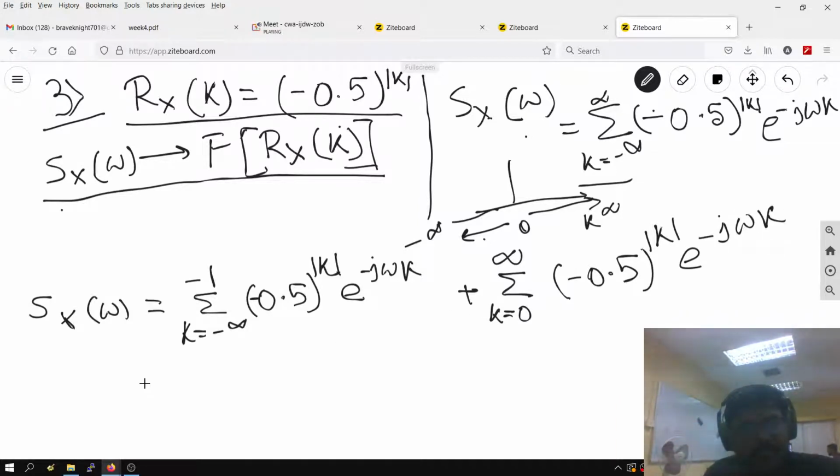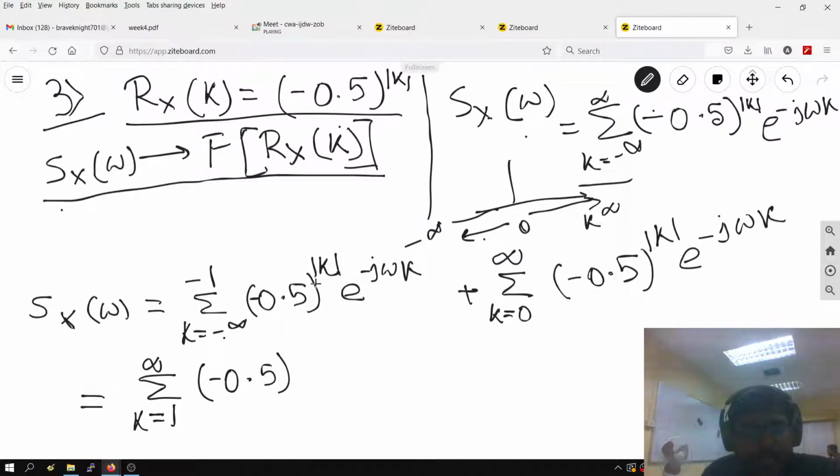So let us derive more. See, this term is negative and this is the modulus. Let us rearrange this, and this will be k equal to 1 to infinity, and this is minus 0.5 mod of k.